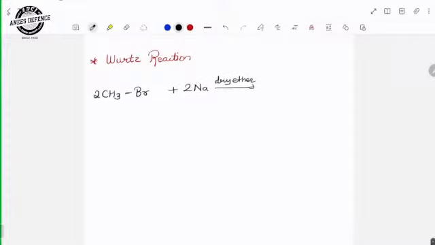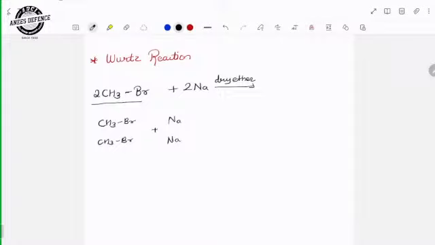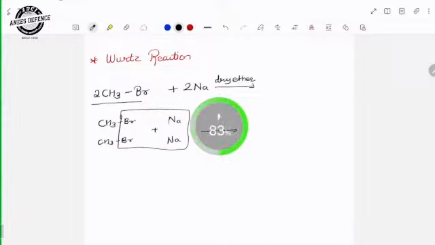Now let us write these 2 moles like this: CH3Br, CH3Br plus sodium and sodium. This sodium takes the Br along with it, so the resultant product is 2 moles of NaBr.